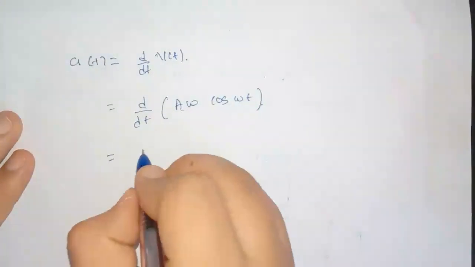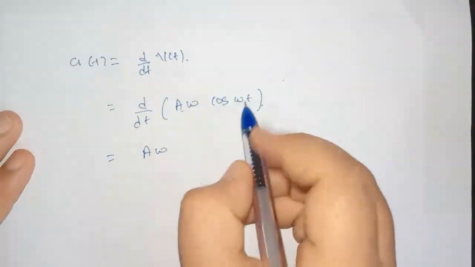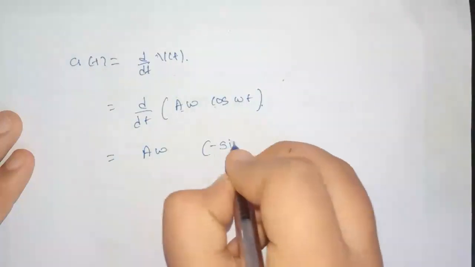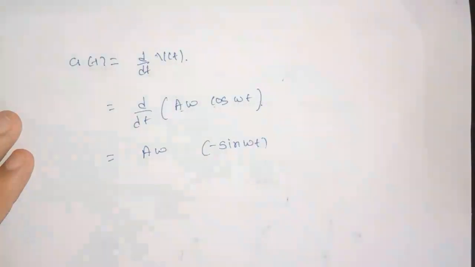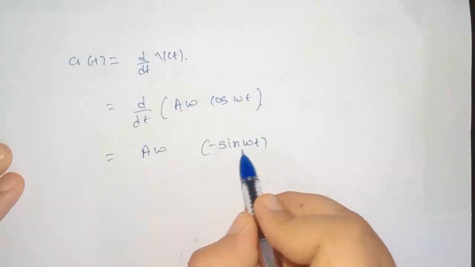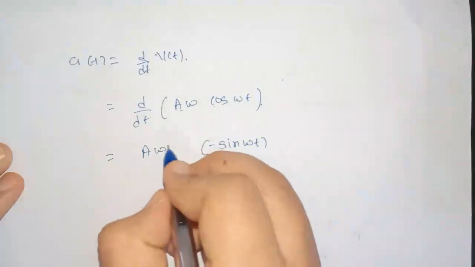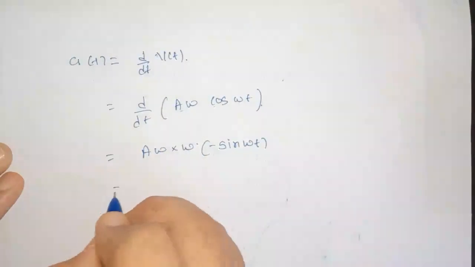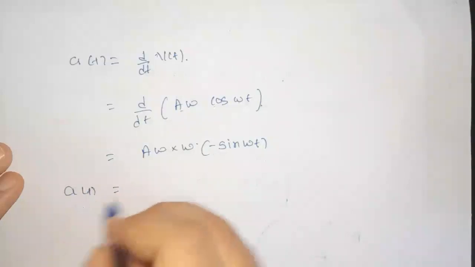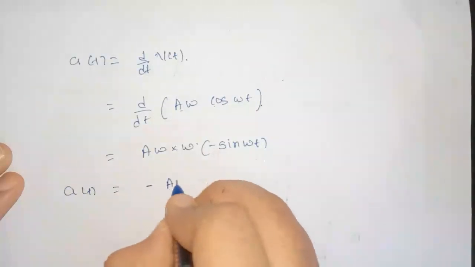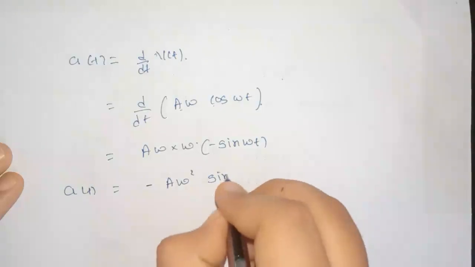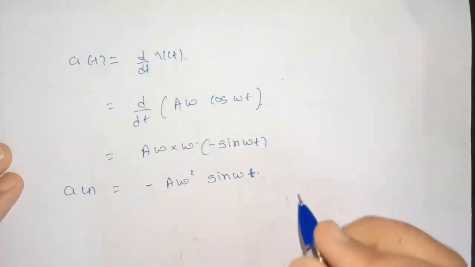A omega is constant. Differentiation of cos omega t will be minus sine omega t, and again differentiating omega t with respect to time, we will get omega. So a of t is equal to minus A omega square sine omega t.